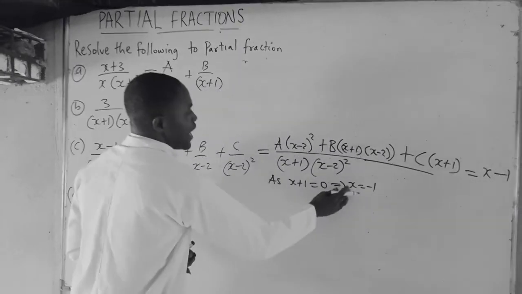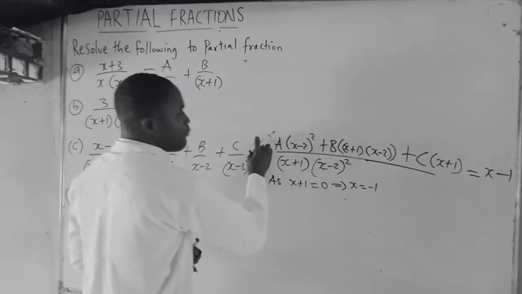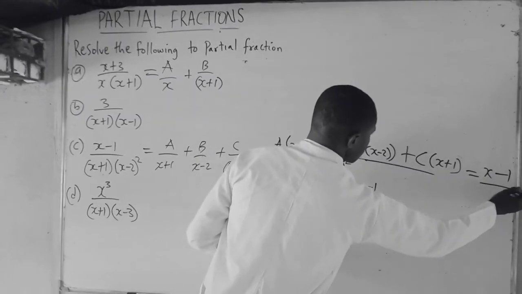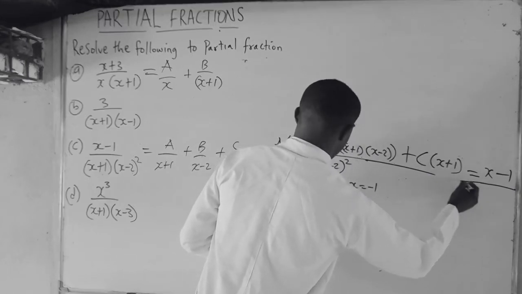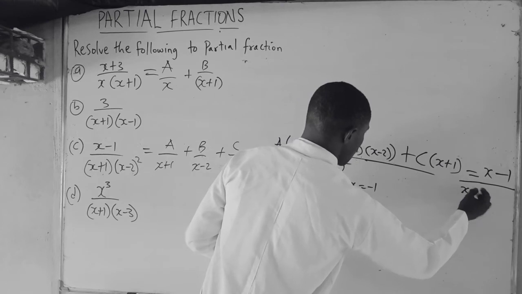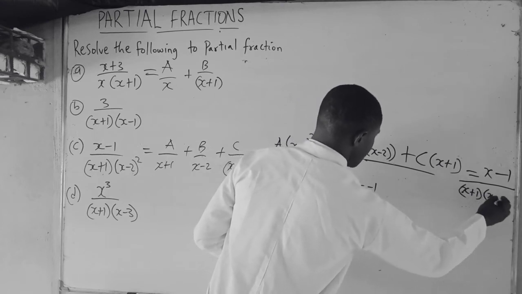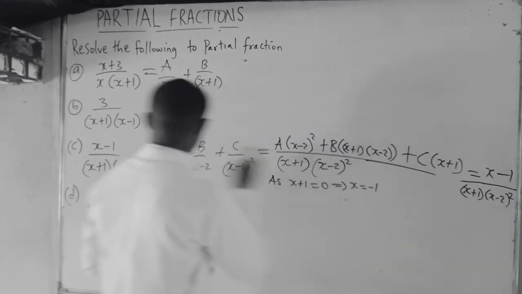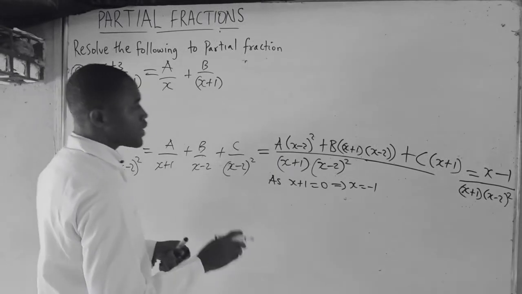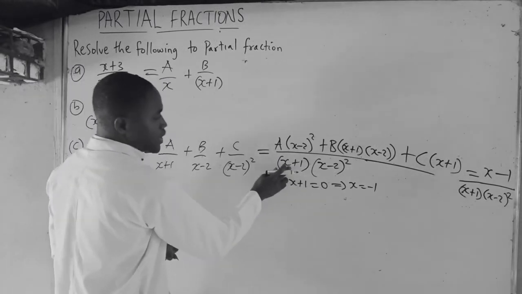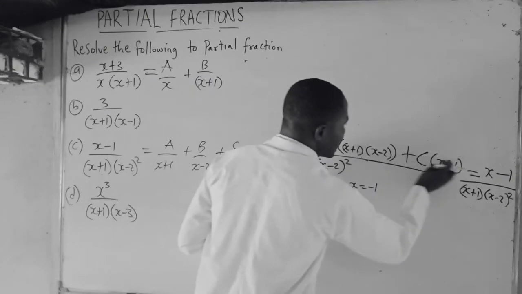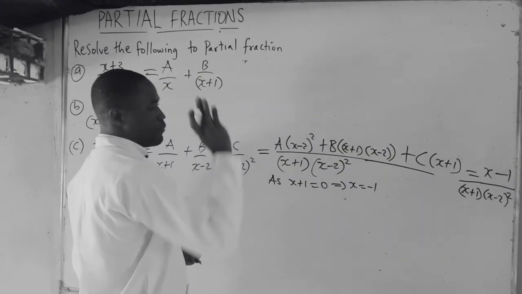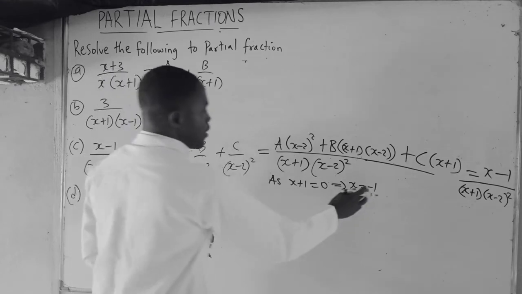So I will carry s equal to minus 1 and put it on this numerator. This denominator is (s plus 1)(s minus 2) all squared. That is the same question. Okay? So I will carry this, make it equal to 0, have s equal to minus 1, and put it at the numerator only.